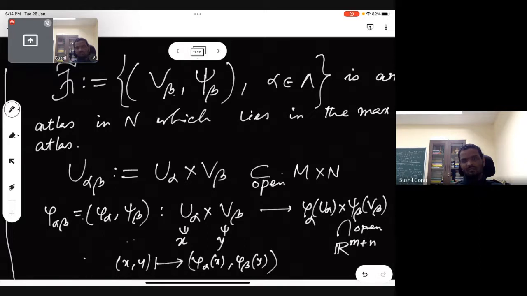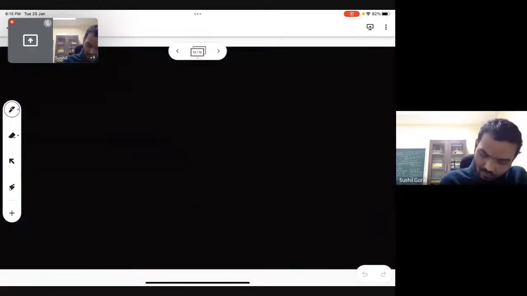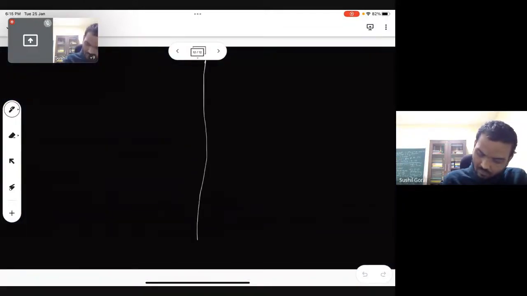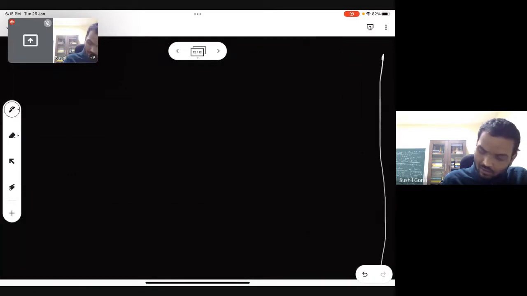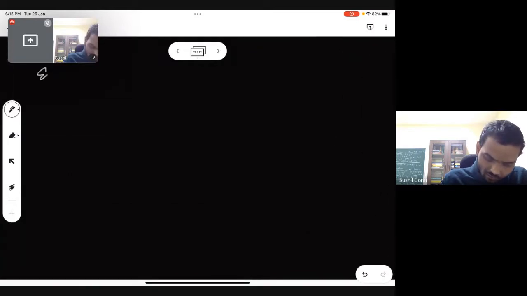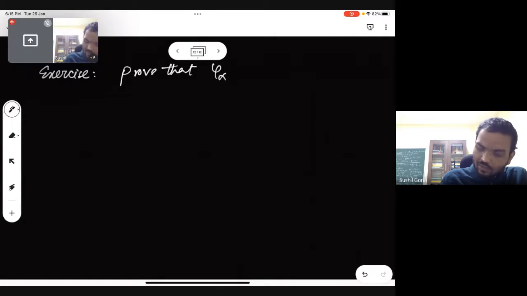Now you can prove this is a homeomorphism, so I leave that as an exercise because there is nothing here. Prove that phi alpha beta is a homeomorphism.